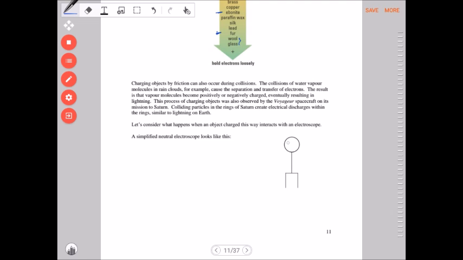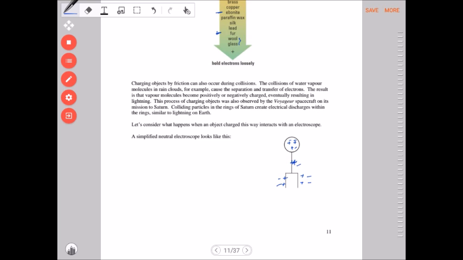But if this is neutral, let's say that there's 3 positive charges, and let's put 1 positive charge on that part and 2 down here. There's also going to be 3 negatives here, a negative on the middle part, and 2 negatives on each of the leaves. So we're electrically neutral, everything's good.